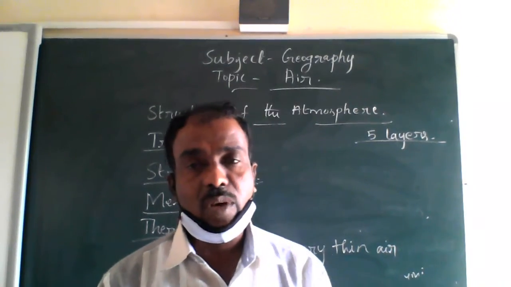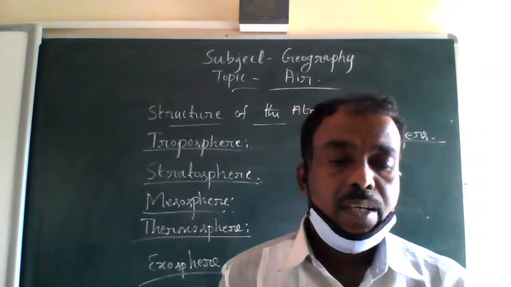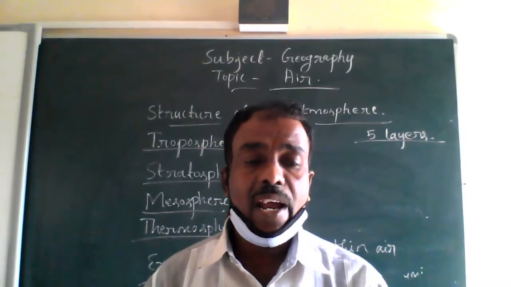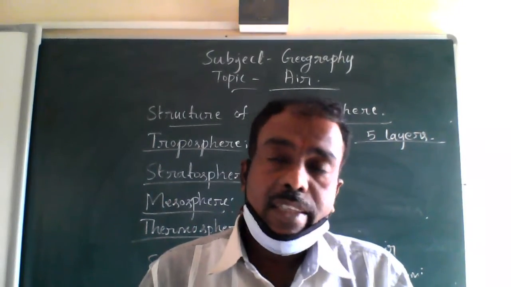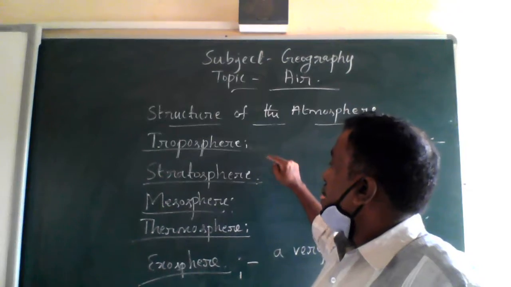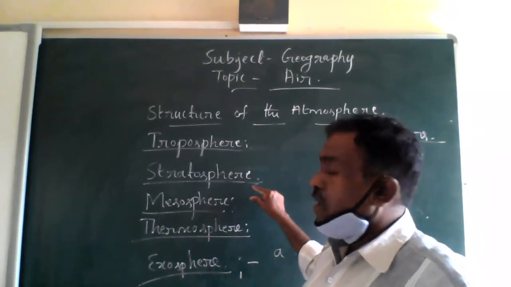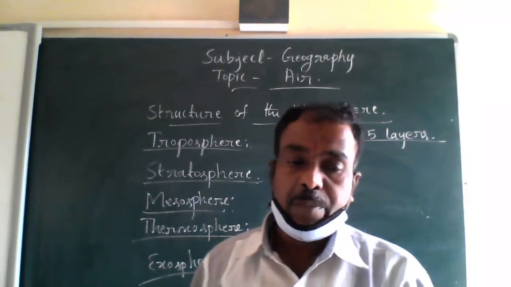Once again, I would like to repeat. Our atmosphere is divided into 5 different layers, called troposphere, stratosphere, mesosphere, thermosphere, and exosphere.